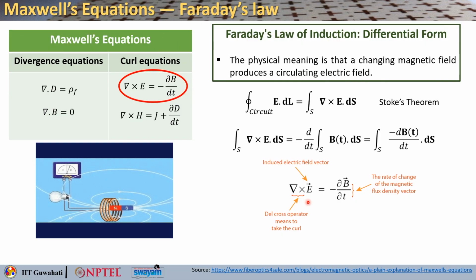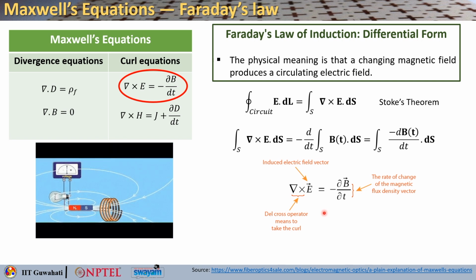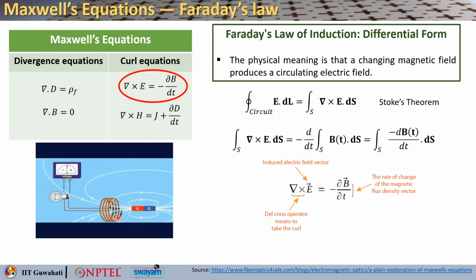So, this is very simple. E represents the induced electric field vector. This is del cross, that means you are taking the curl. So, you are getting a circulating electric field which comes from a time varying magnetic flux, or you can say the rate of change of the magnetic flux density vector gives you the circulating electric field, which is also seen here.